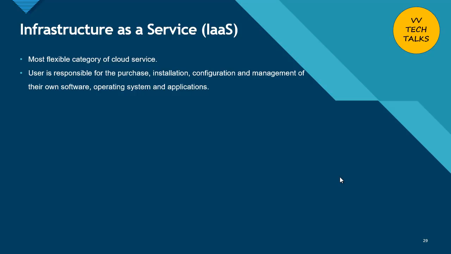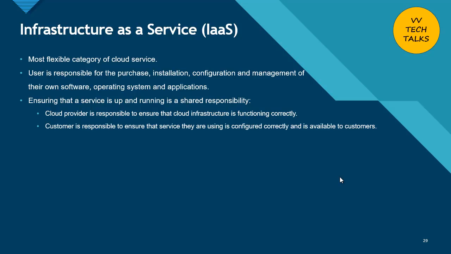So this is the most flexible category of cloud service. In this type of mechanism, ensuring that the service is up and running is a shared responsibility of both the cloud service provider and the user or customer. The cloud provider needs to ensure that the cloud infrastructure is available, and the customer needs to ensure that the service is configured correctly and is available to their customers.